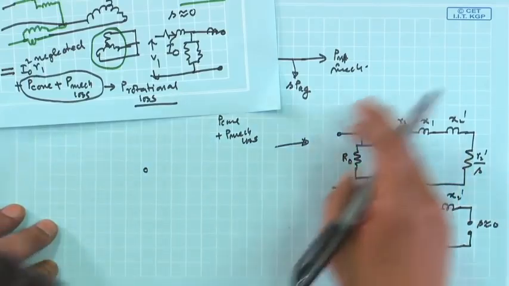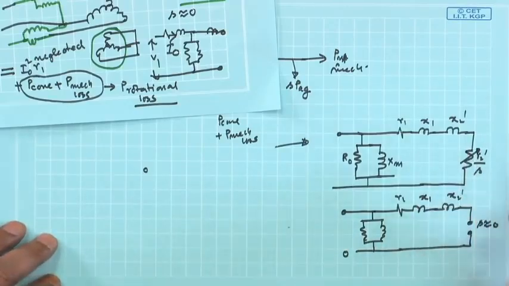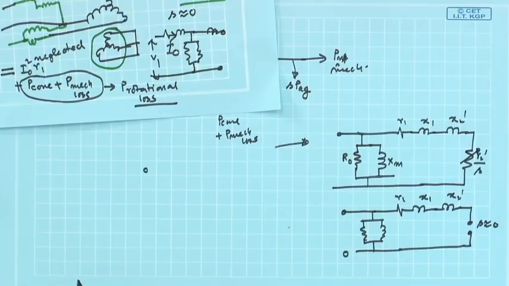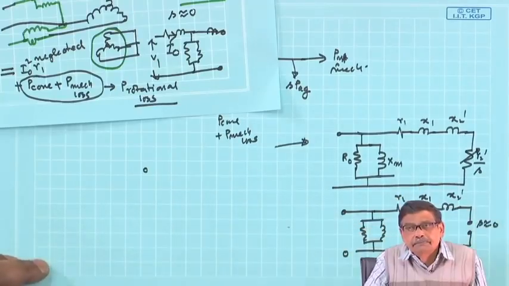So, with this in mind, we will vary R2 dashed by S and try to obtain the circle diagram of the induction motor. And we will continue with this next time.